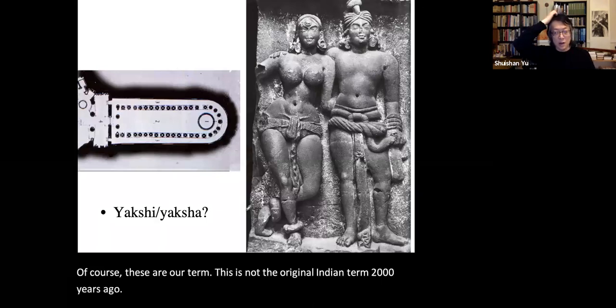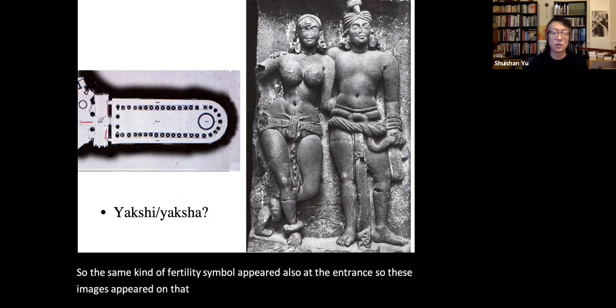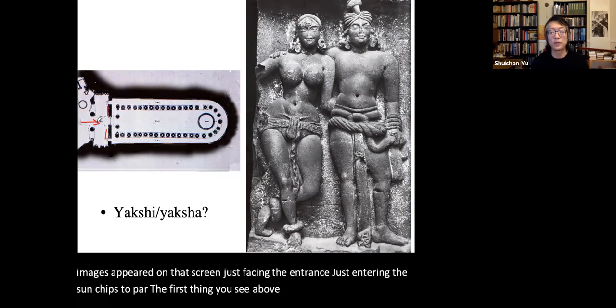So the same kind of fertility symbol appeared also at the entrance. These images appeared on that screen, just facing the entrance. Just like entering the Sanchi Stupa, the first thing you see above is that naked female figure.